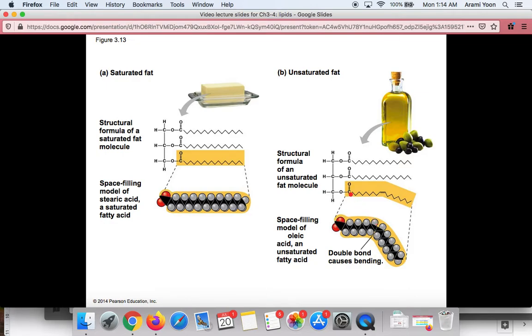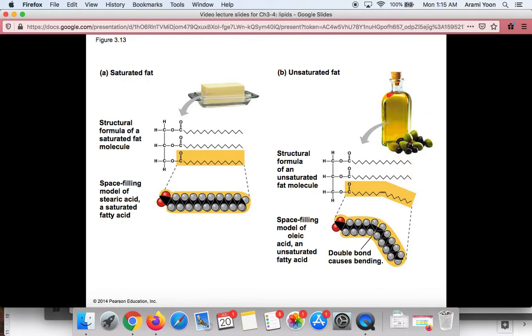Here's another thing you need to know about saturated and unsaturated fats. When you have completely straight fatty acid chains, they can pack together really, really tightly, and so they actually form these solids. An example of that is butter. But when you have an unsaturated fatty acid, even if it's only 1 chain out of the 3 that's bent, because of that bend, it prevents these triglycerides from packing together tightly, so they actually stay fluid at room temperature.